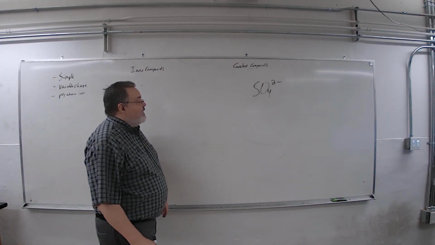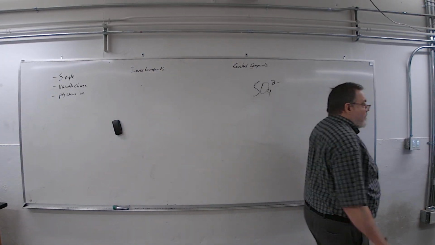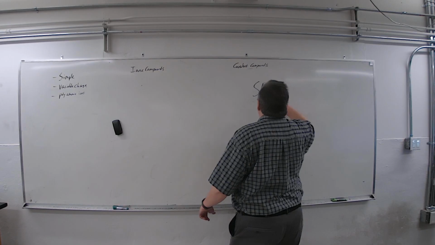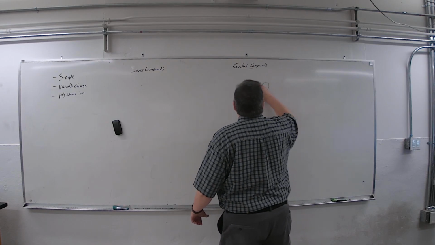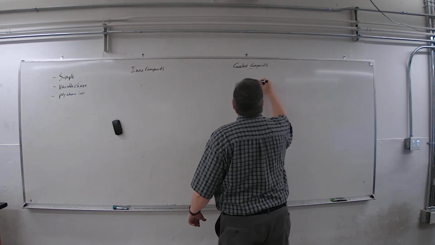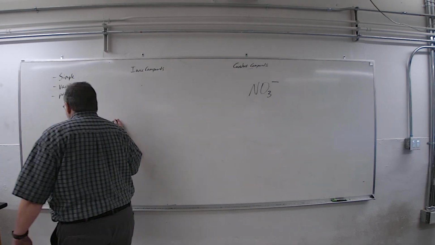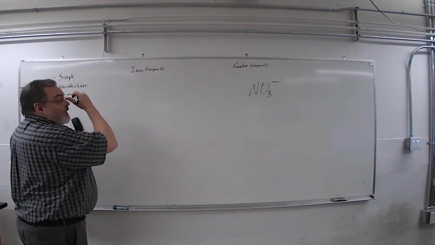Let's do, should we do one that, no, I want one that's negative. Something common. Okay, that's called nitrate. Its charge is -1.